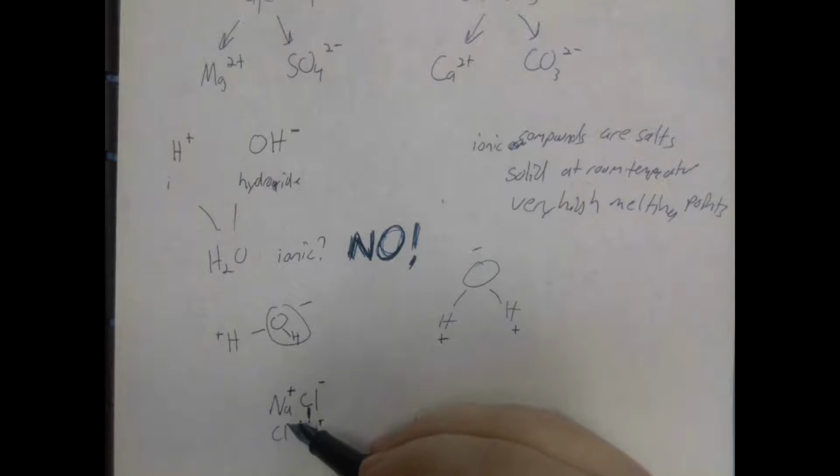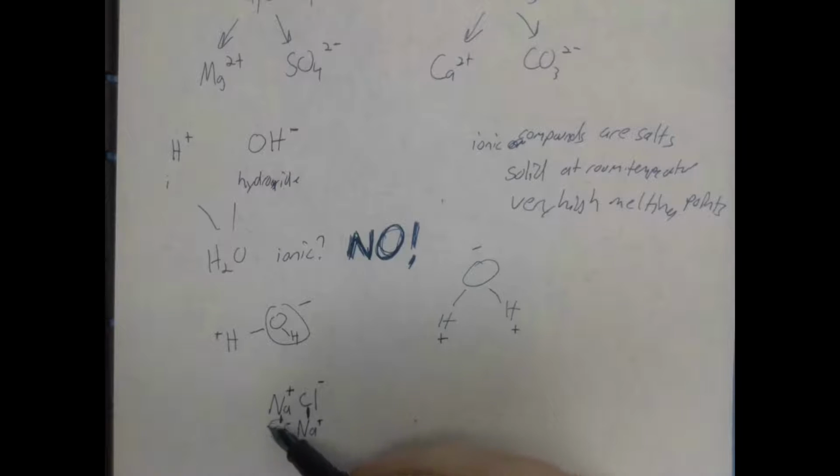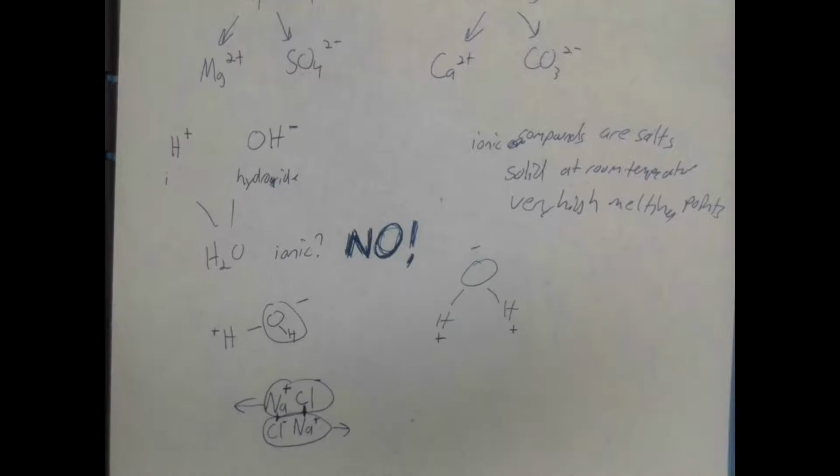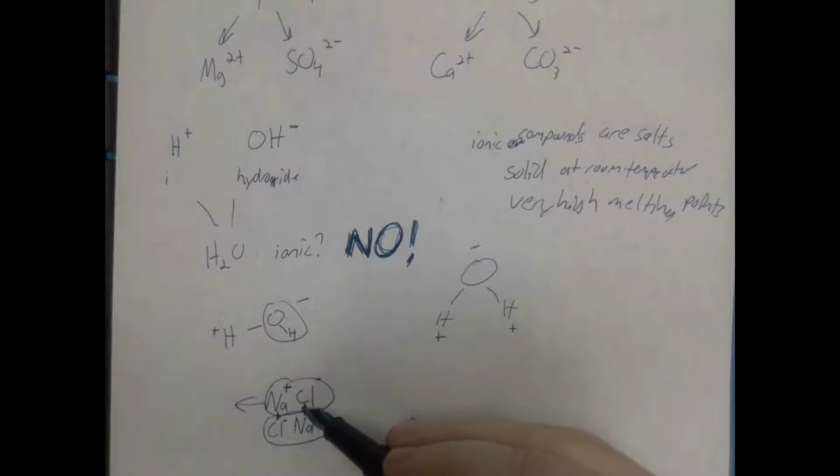This is going to be negative and positive, so again a very strong pull. How easy is it to get this and this to slide past each other? It's going to be very difficult for these two molecules to actually move, because there is a pull between the two molecules.